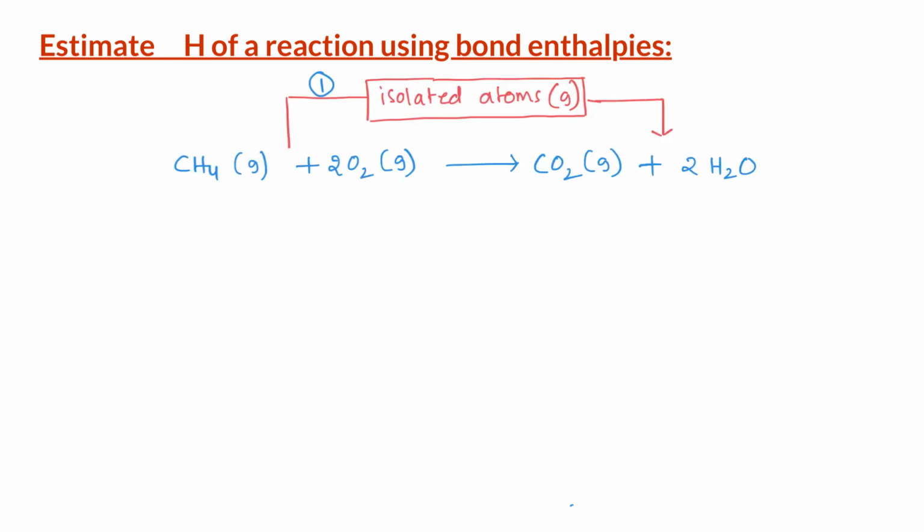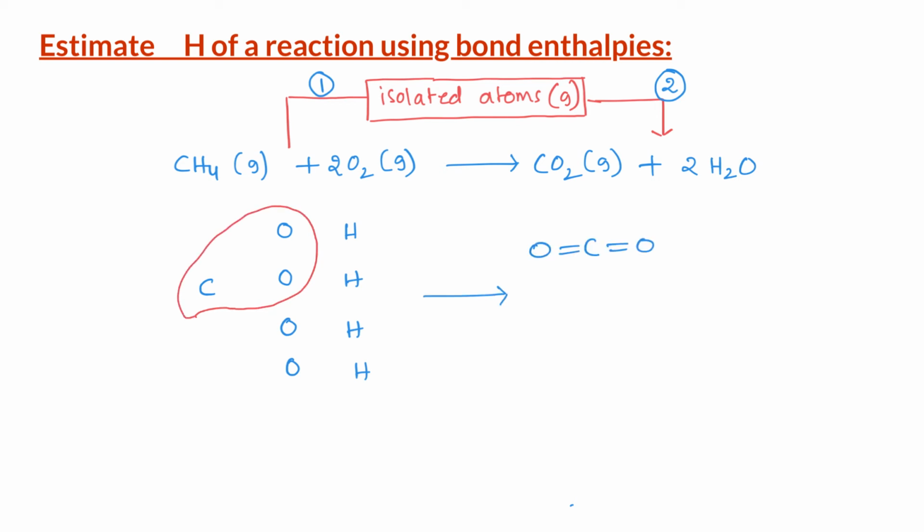Next, let us calculate the enthalpy change for the second step of the reaction, in which all the isolated atoms combine to form products. So if we look at the available isolated atoms, we have 1 mole of carbon atoms, 4 moles of hydrogen atoms, and 4 moles of oxygen atoms. 1 mole of carbon atoms and 2 moles of oxygen atoms combine to form 1 mole of carbon dioxide molecules.